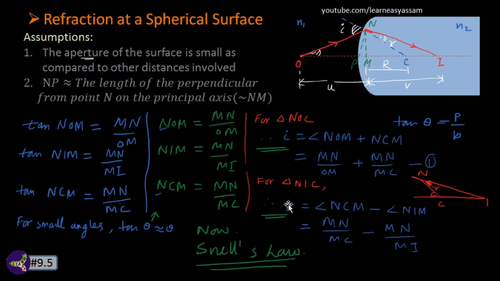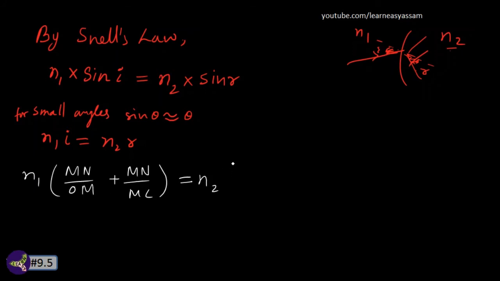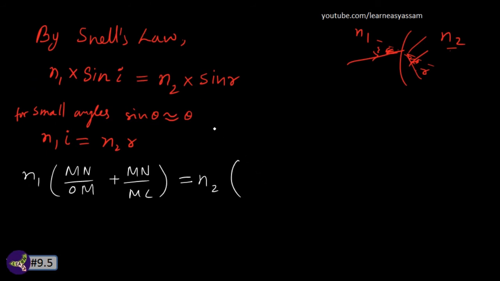So N1 into I, that is MN by OM plus MN by MC, is equal to N2 into R, where R is MN by MC minus MN by MI.